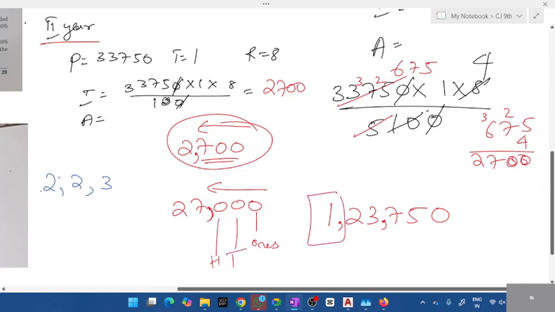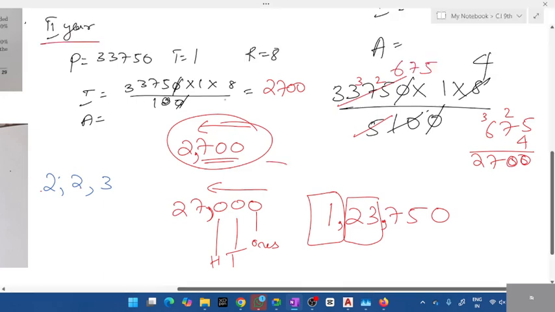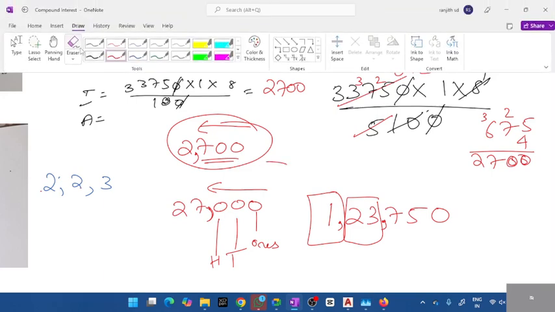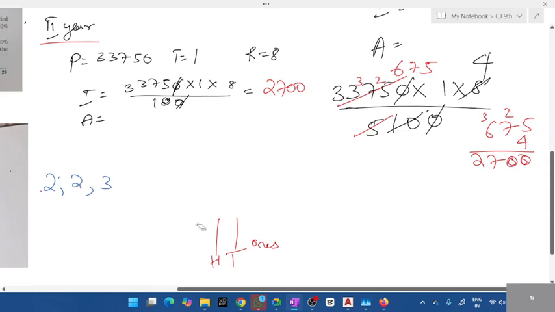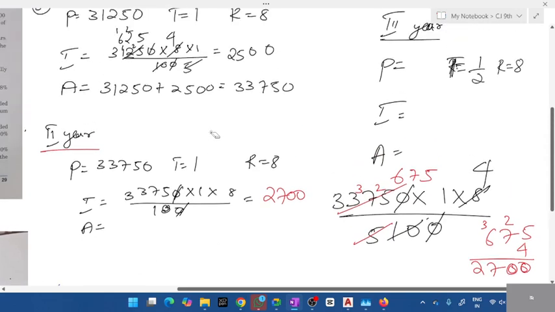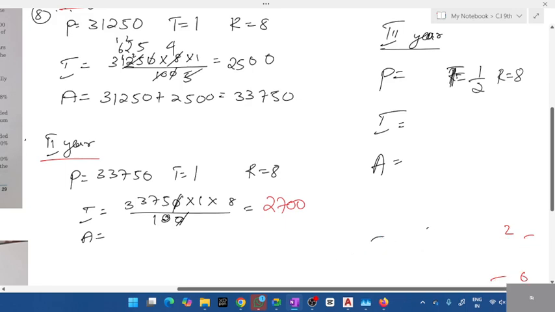Next, 1 lakh, 23,750. So without comma, you should know 3, 2, 2, which means 1,23,750. So this is the rule. From reverse 3 then 2, it goes on. 1,27,23,750. All of you got 2,700? 2,700 for second year? Okay. So sometimes they are telling 27, sometimes it is 2,700 that is right.